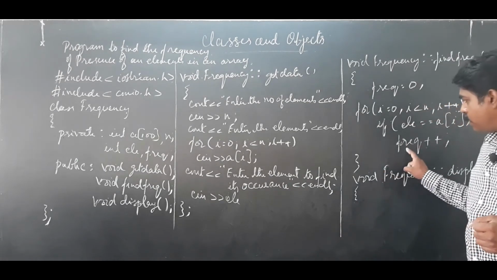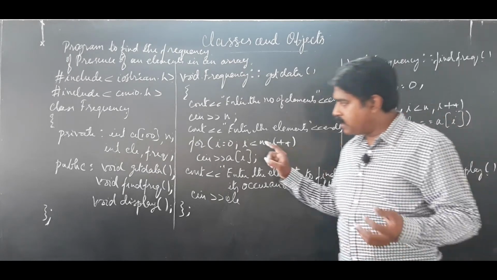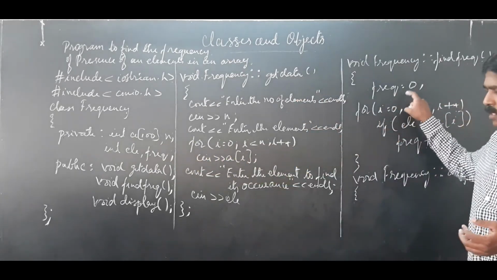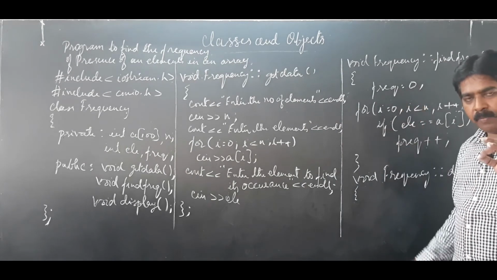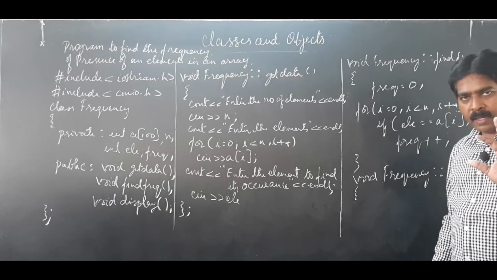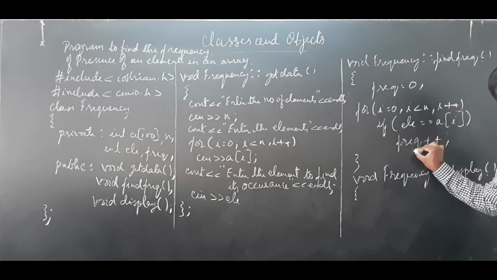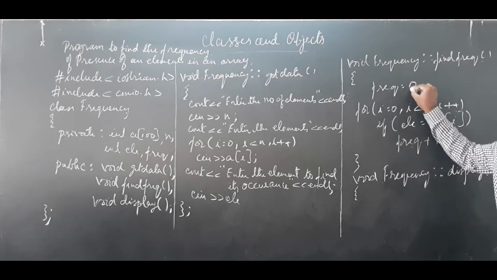If this frequency is not incremented and it is with the same value we initialized here as 0, that means the element is not found. I would like to repeat, if there is a value other than 0 in this frequency, that means the element is found in the array.